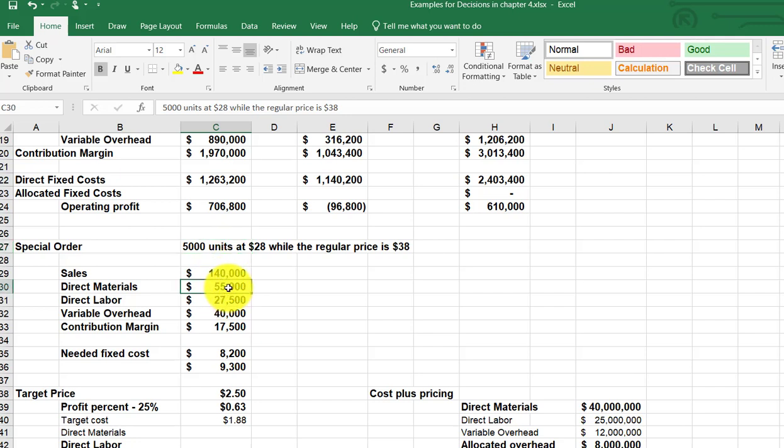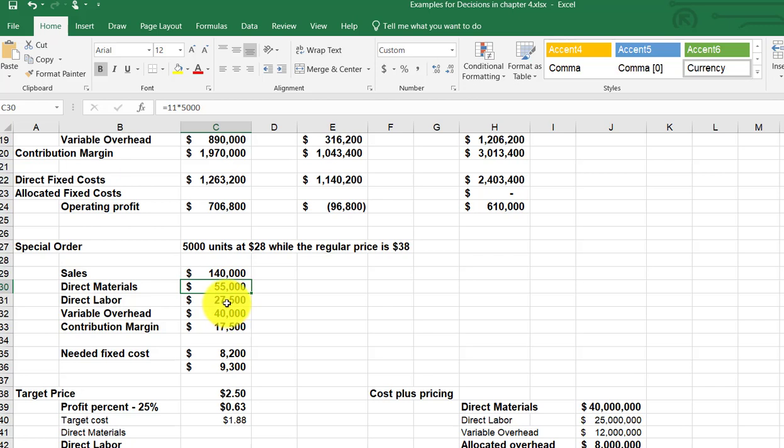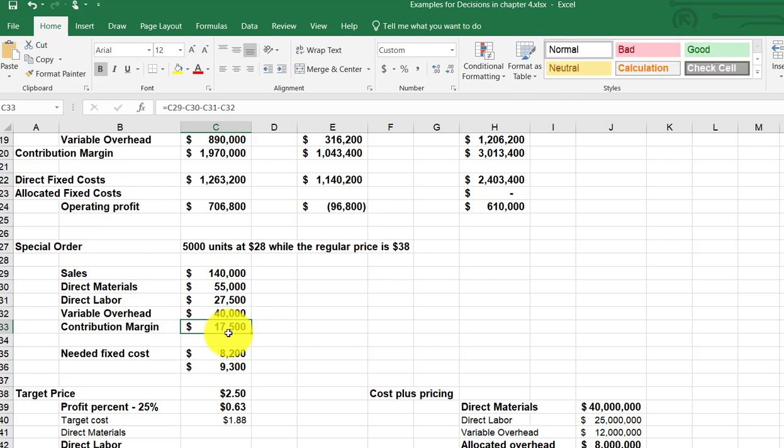Direct materials, given to us as $11, is going to be $55. Direct labor is $5.5, so it's going to be $27.5. Variable overhead would all have to be given to us, or we would need to know that from our analysis of costs. Contribution margin is $17.5. We do have fixed costs associated with this special order.